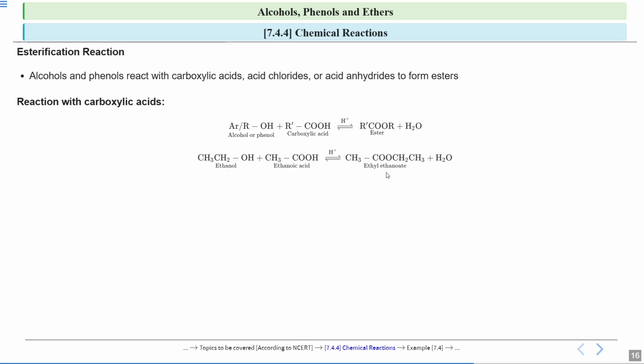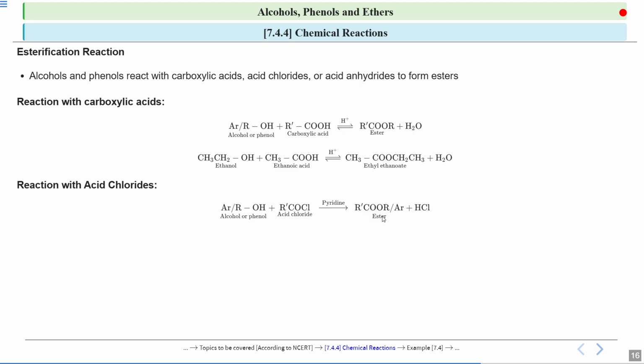Now for acid chlorides. Acid chlorides means R, C double bond O, Cl. A halogen will be attached. So this is an alcohol or phenol and this is an acid chloride. Again what will happen? H from the alcohol or phenol and chlorine from the acid chloride will leave. So HCl is leaving and you will see R'CO here, and this O and R group of the alcohol or phenol get attached over here.